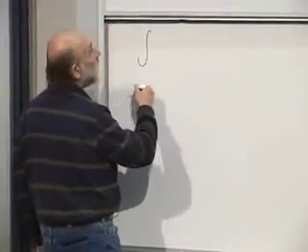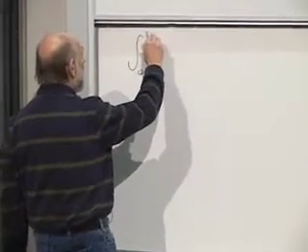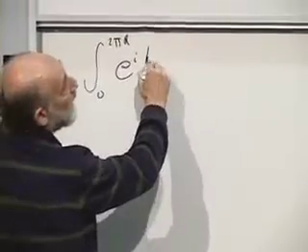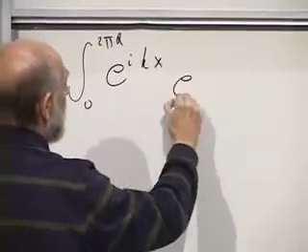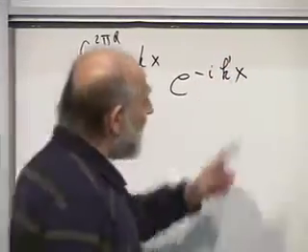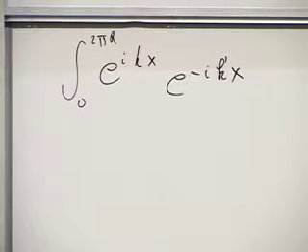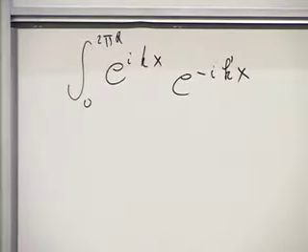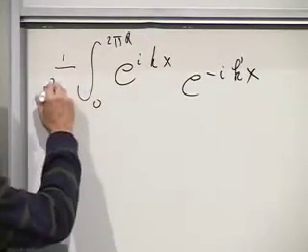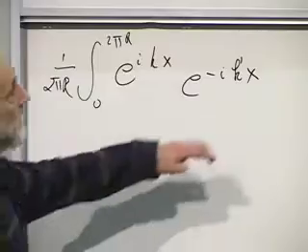This is true if we calculate the integral from 0 to 2 pi r of e to the ikx times e to the minus ik prime x, where k and k prime are allowable values. We have to put a normalization factor of 1 over 2 pi r on the outside.